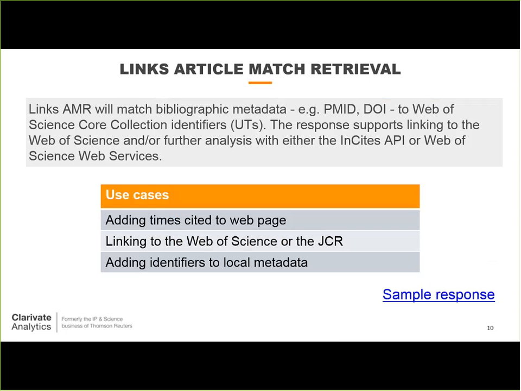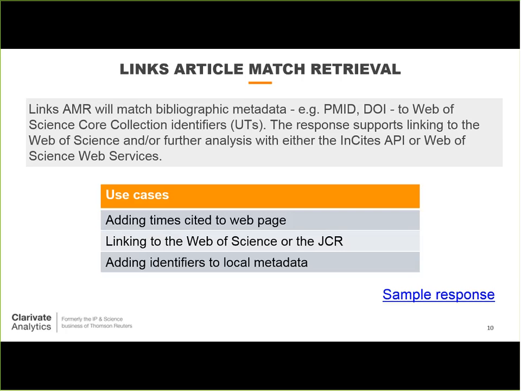You will have, for example, a PMID or a DOI, or you can even start with a UT, and then the response will give you links to the Web of Science, and further analysis can be then pursued with the Insights API or Web of Science Web Services.